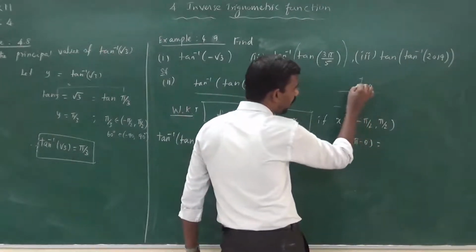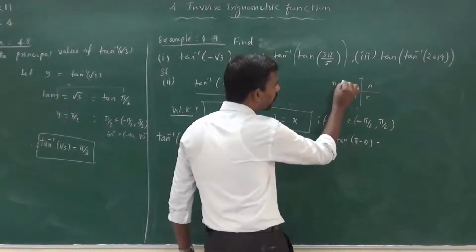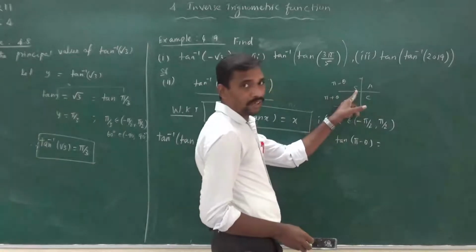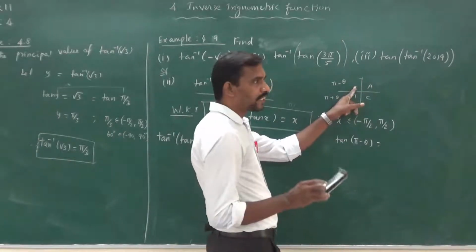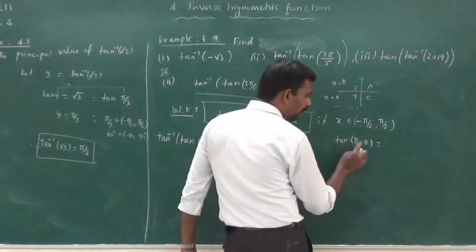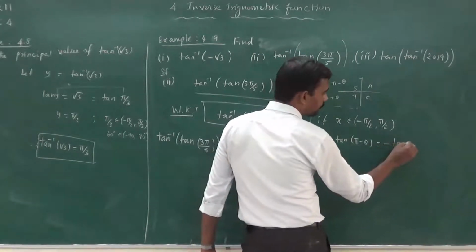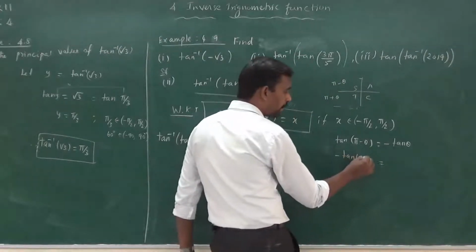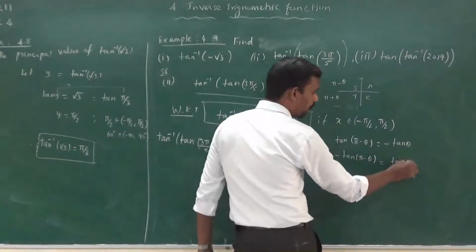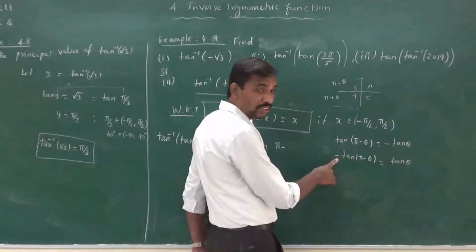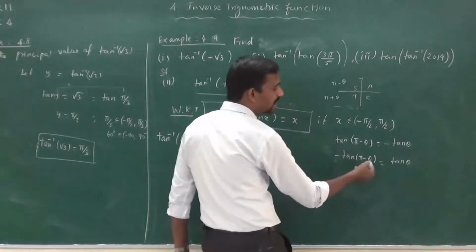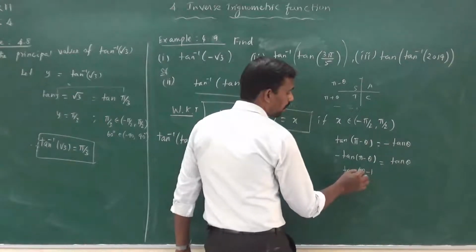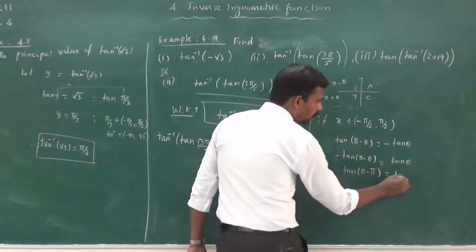According to the rule A, S, T, C, pi minus theta lies in the second quadrant, where only sin theta and cosine theta are positive. So tan of pi minus theta is minus tan theta. Tan is an odd function, so we can take the minus sign inside, it will become tan of theta minus pi, which is equal to tan theta.